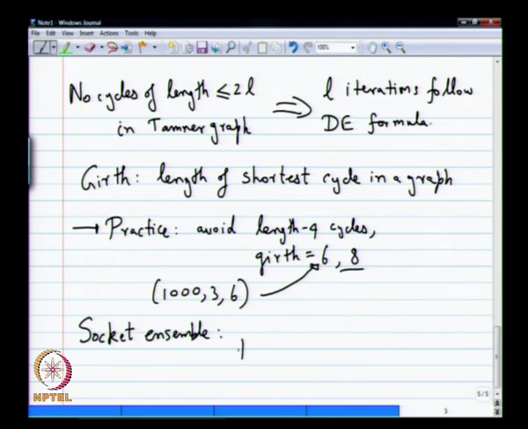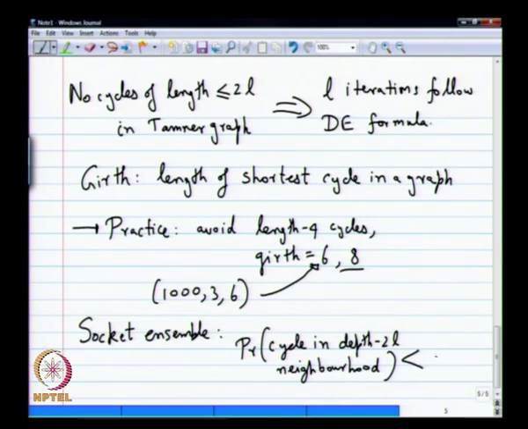You can show that the probability of a cycle in a depth, let us say a depth 2L neighborhood, is less than some constant that does not depend on n obviously divided by n. So you can show this.